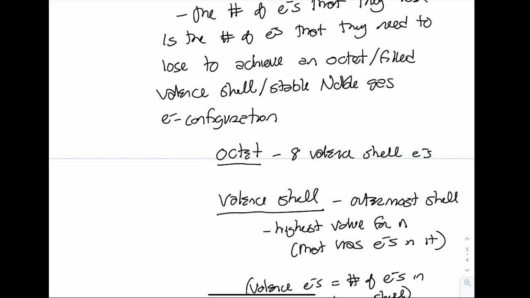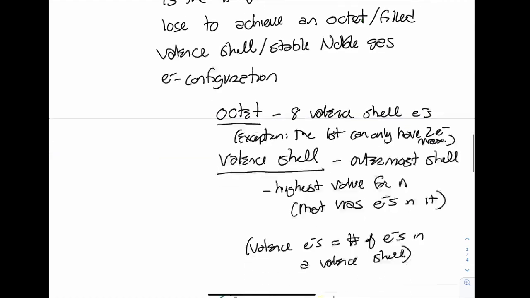The first shell can only hold 2. We could write that in here. The exception: the first shell, n equal to 1, can only have 2 electrons, and that's the maximum. It can have less. It just can't have more than 2. So I can't have 8 in the first shell.